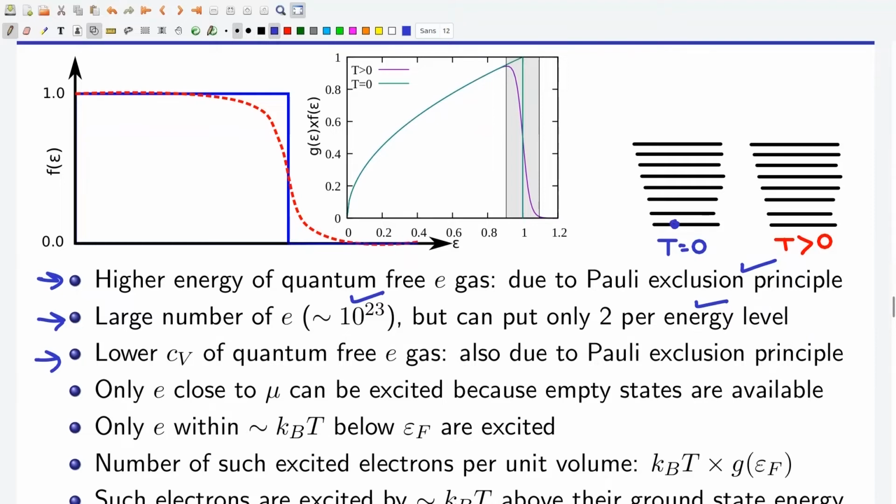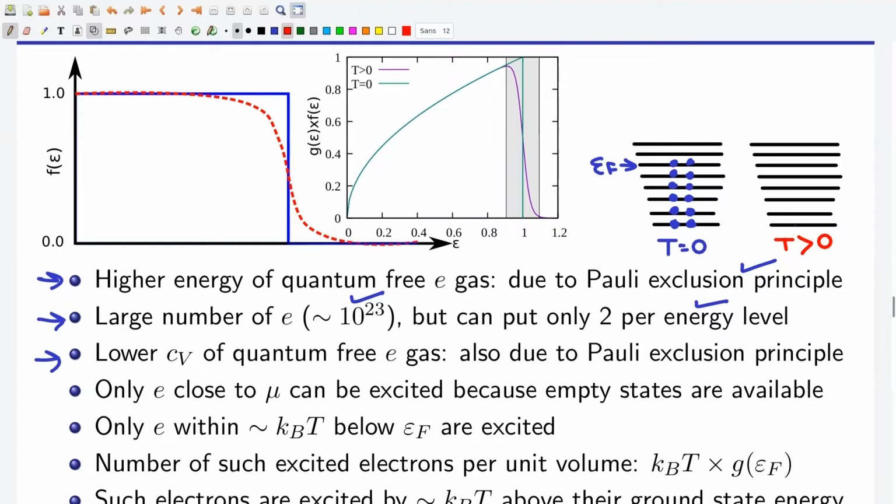So at t equal to 0, we just put 2 electrons per energy level. And let us assume that this is the Fermi energy. All the states above the Fermi energy are empty.